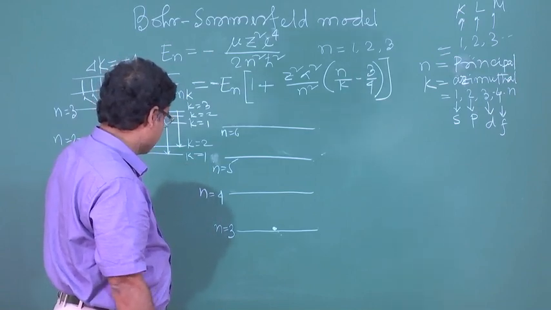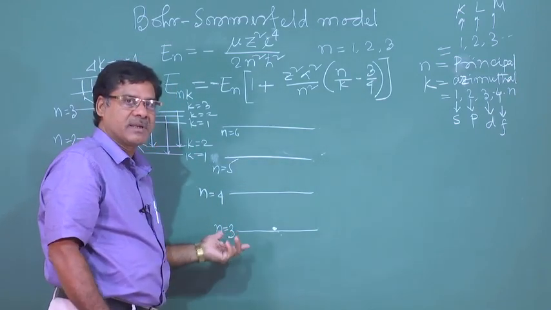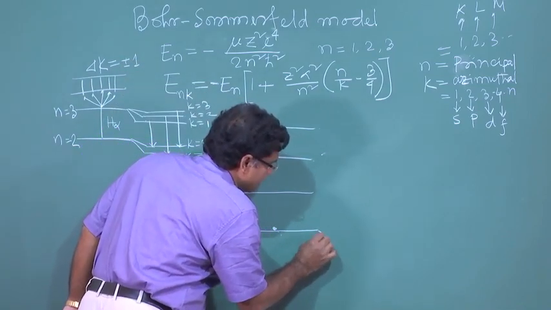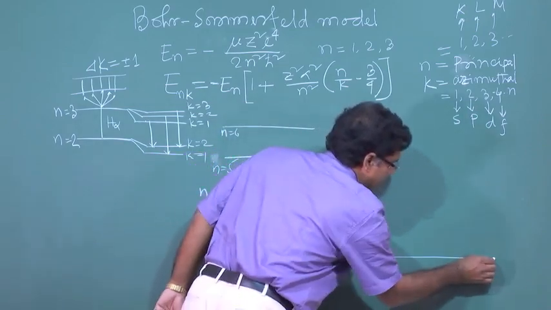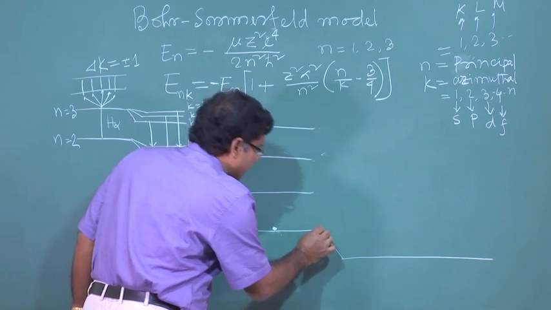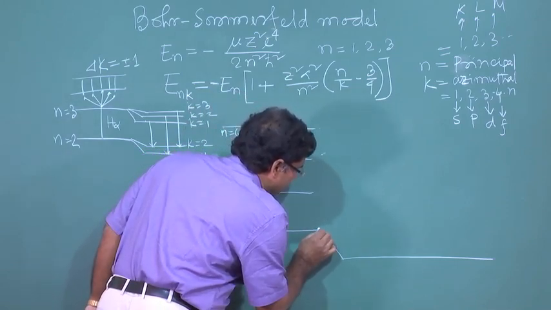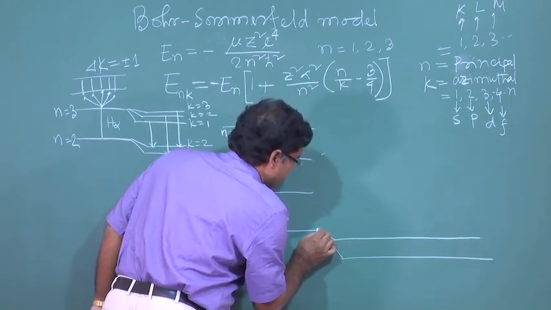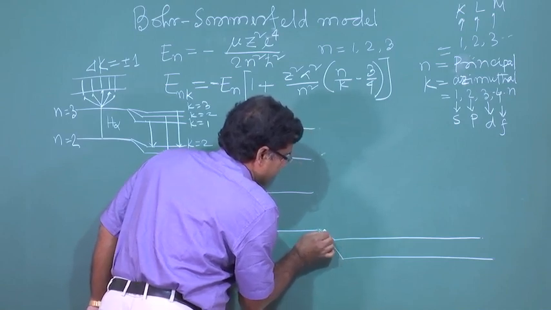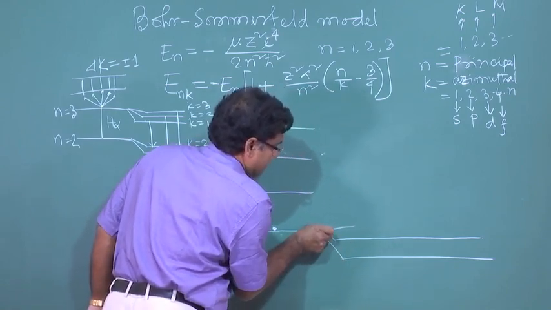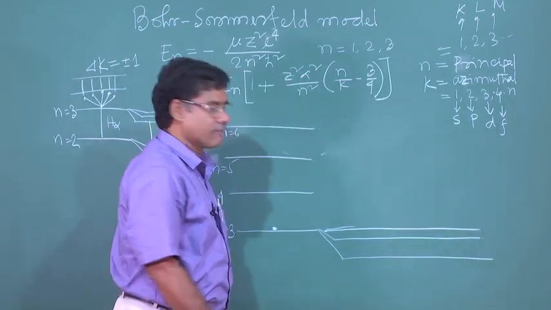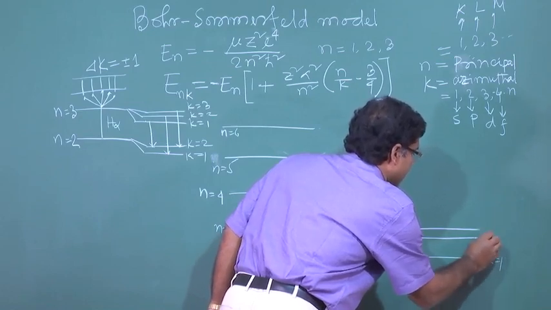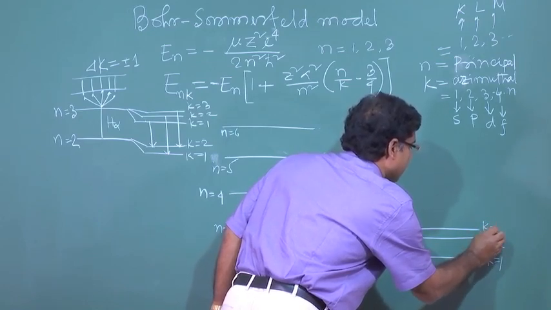You can see n equal to 3 will be split into 3 energy levels: this is one, second one is this, and the third one is like this. So that will be k equal to 1, k equal to 2, k equal to 3.